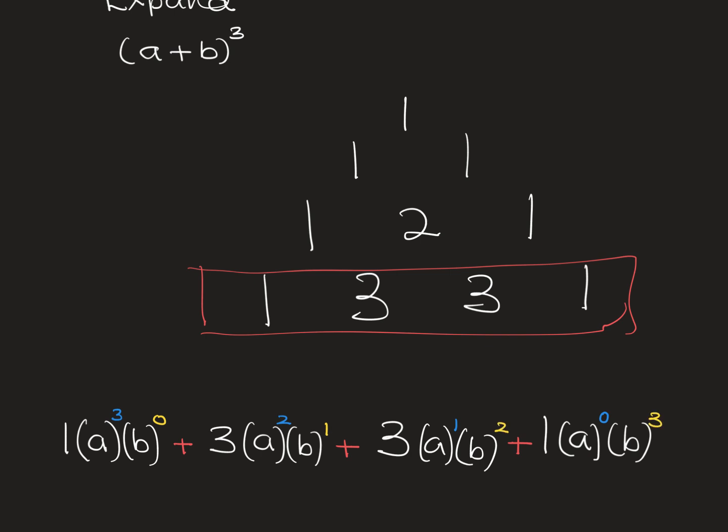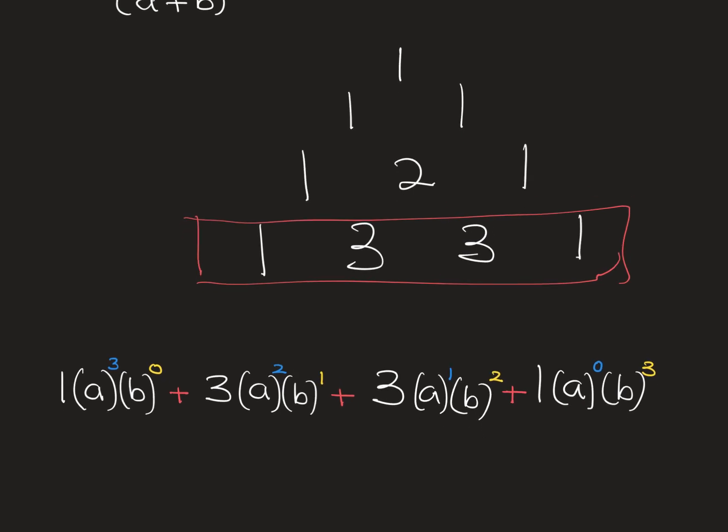And bear in mind that for any term that you have here, the sum of the powers must be equal to the power that is given. So 3 plus 0 is 3, 2 plus 1 is 3, 1 plus 2 is 3, 0 plus 3 is 3.